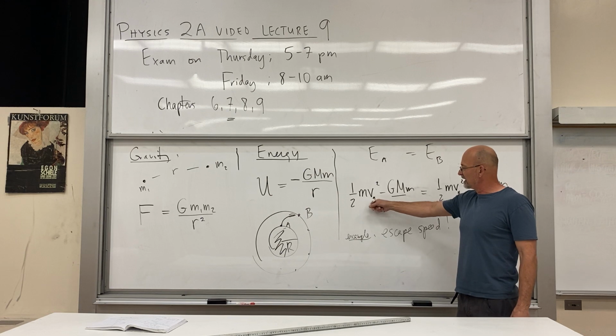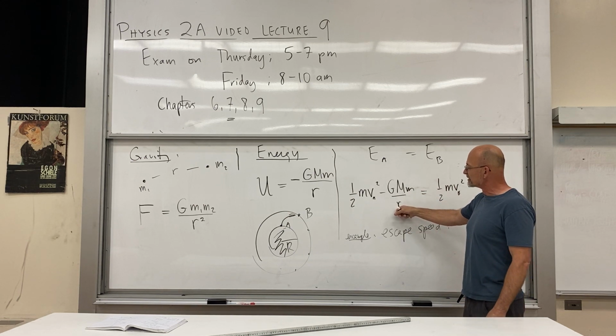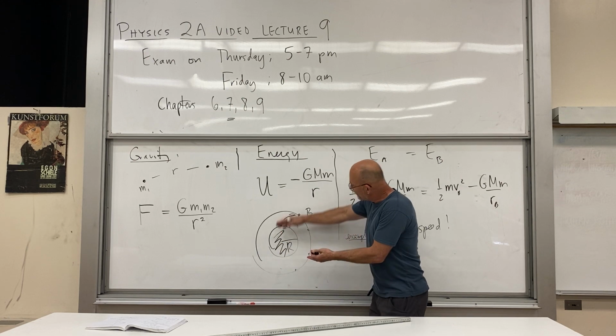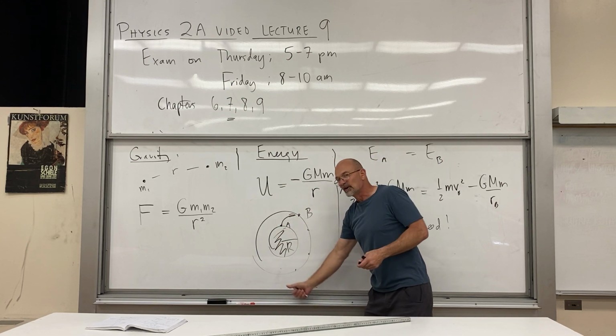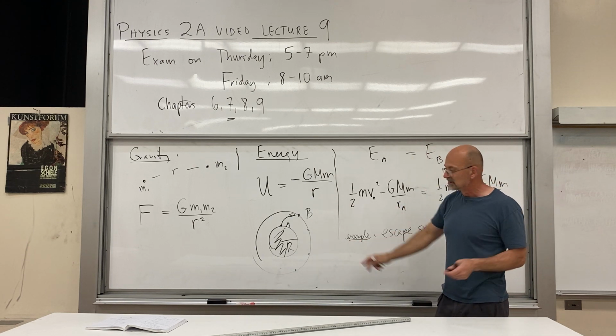So that would be the speed v sub A. But we have this potential energy on the surface of Earth, so that would be the radius of Earth. Then, instead of going up and falling back down again, it's going out to infinity. And when it gets to infinity, it can stop.